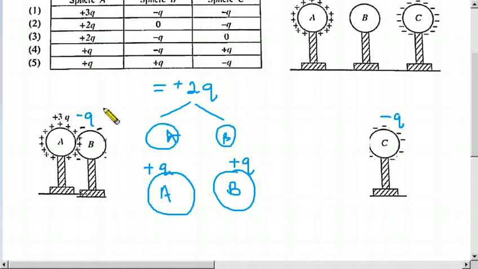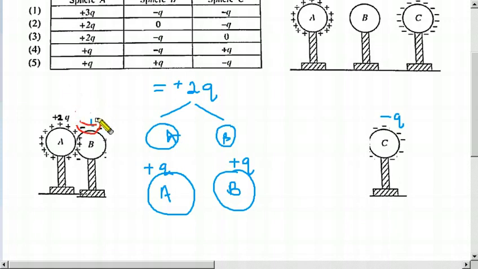You understand, I think, because initially this sphere B had -q. So from this +3q, 1q is used to neutralize this -q. So remaining here now only 2q. These two neutralize each other and disappear.